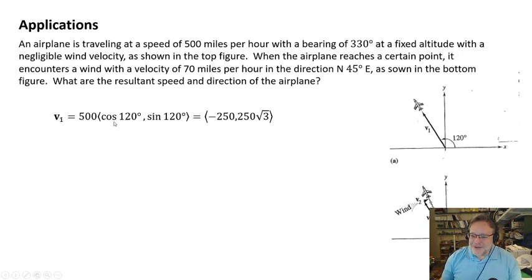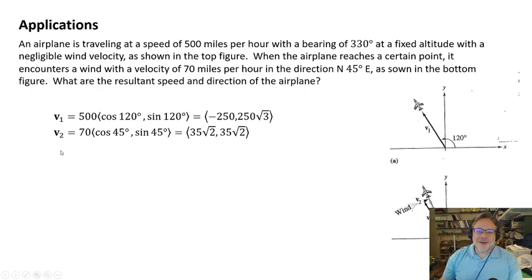So 500 times this is going to be negative 250 in the x direction. That makes sense since it's moving to the left. And we have sine of 120 degrees times 500. That's 250 times the square root of 3. That's positive, which makes sense since it's going north. So that's the way we represent vector V1 in component form.